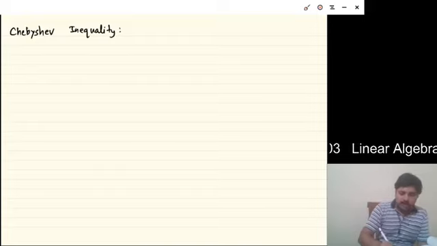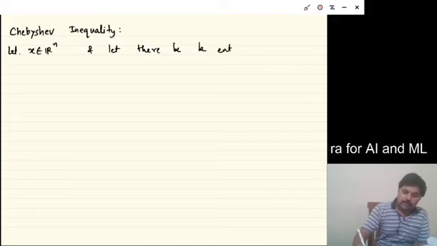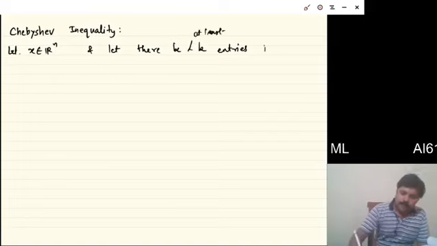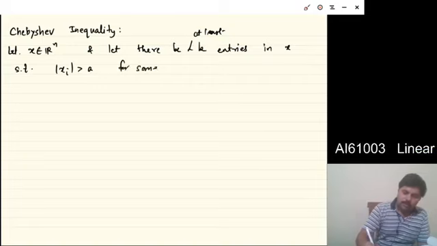The Chebyshev inequality said that you let x be a vector in Rn, and let there be at least k entries in x such that mod of xi is greater than a for some positive a.